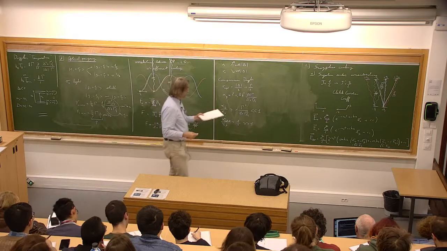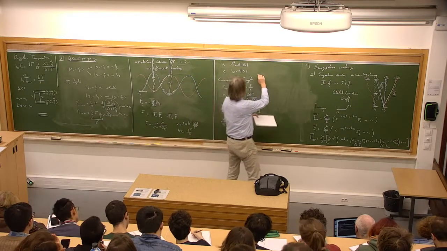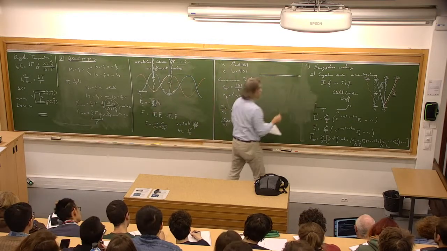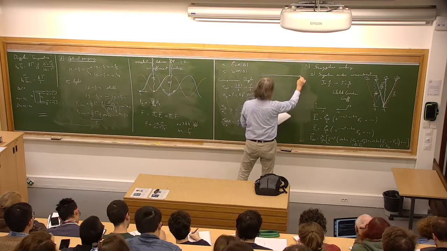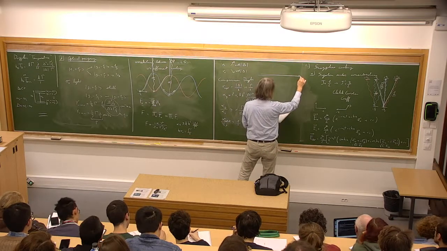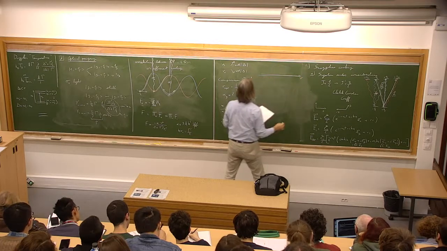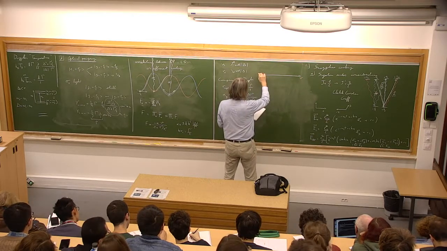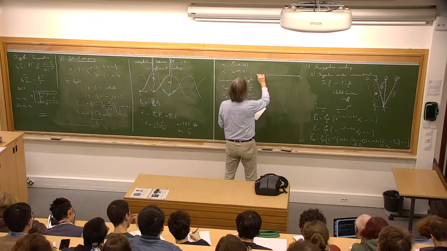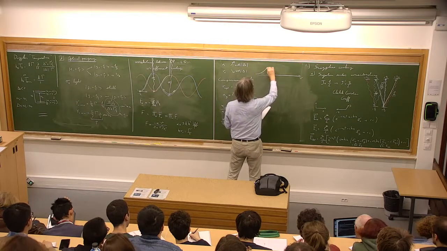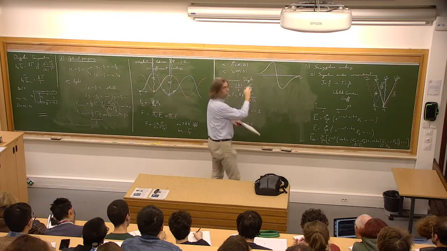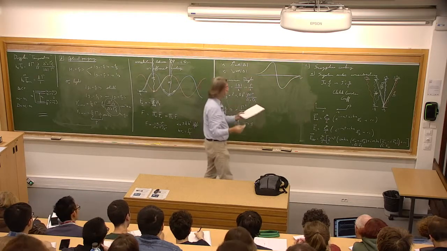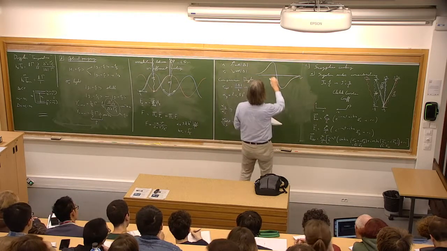If you draw the force as a function of the velocity of the atom, the Doppler cooling was the difference between two Lorentzians, so it looks like a dispersion, but it is not a dispersion.